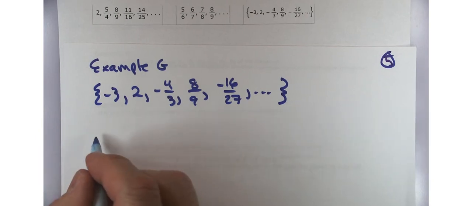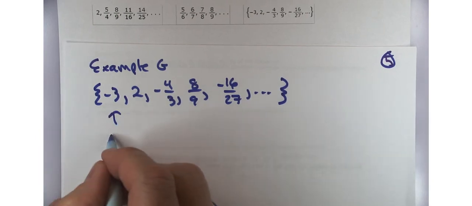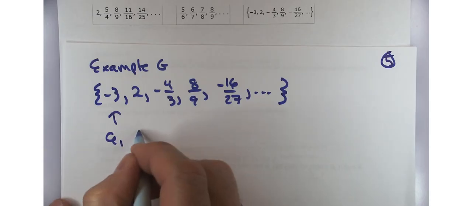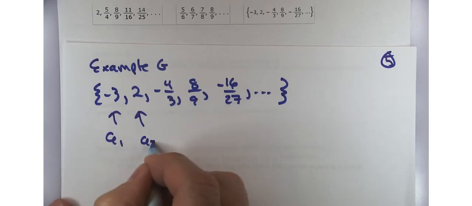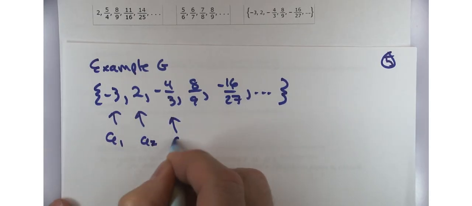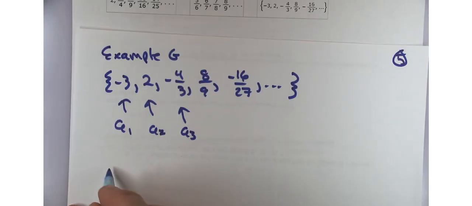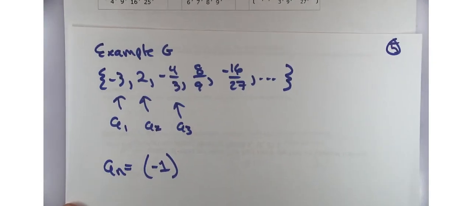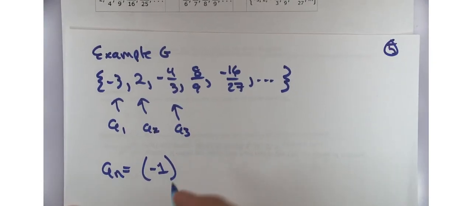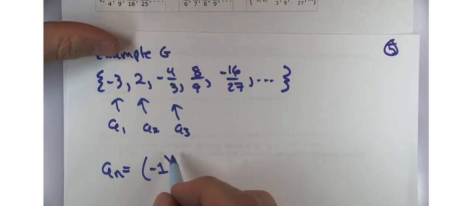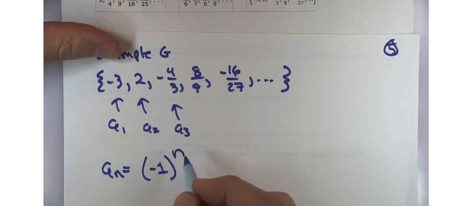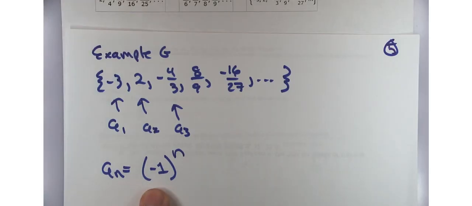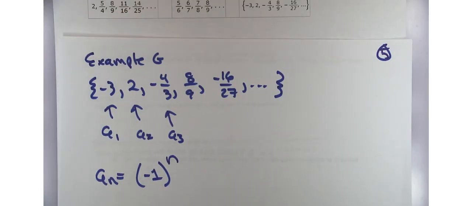So again, let's let that be a sub 1, a sub 2, a sub 3. I'm just going to start out by noticing that these alternate. So it has to be negative 1 to some power. Now what power do I want to put here? Do I want to put n or n plus 1? Just n. Because having just n in there is going to start out this series negative.